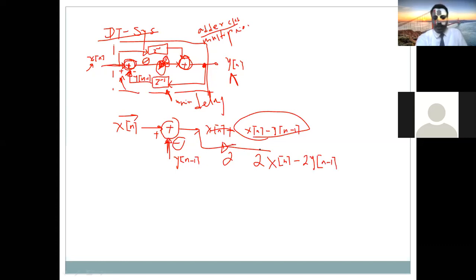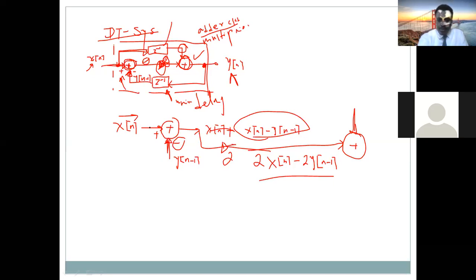Then what will happen? This signal continues. Then there is another adder here. This signal is added with another signal that comes from this direction. What is that signal? Look here, the input, this wire. It comes here and goes to another memory element, which delays the input by 1.